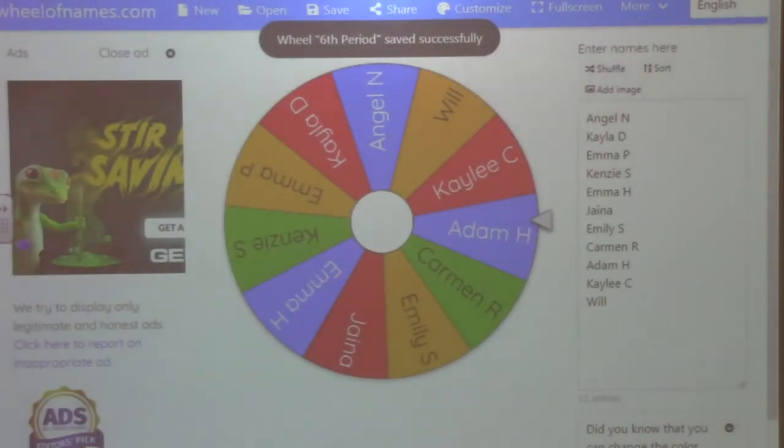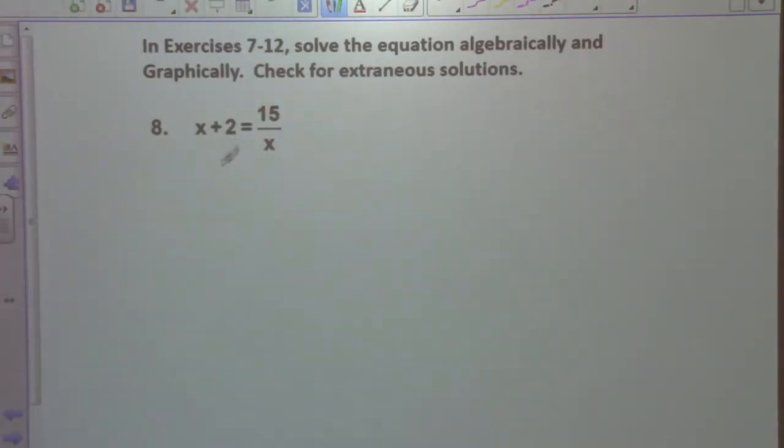Okay, go ahead and do that. All right, so you multiply with the x, and you switch over to 15, so you get x squared plus 2x minus 15. And then that factors as x minus 3, x plus 5.